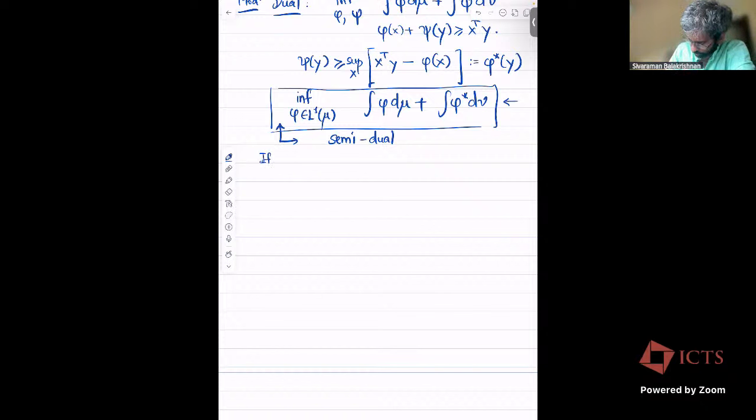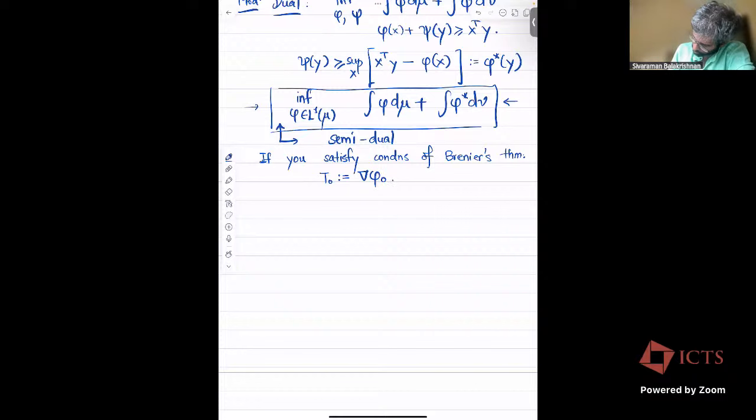So if you satisfy the conditions of Praneeth's theorem, then you can prove, and that's why we labeled it phi here, that the optimizer of this thing is in fact the same, where phi 0 is the minimizer of the dual program.